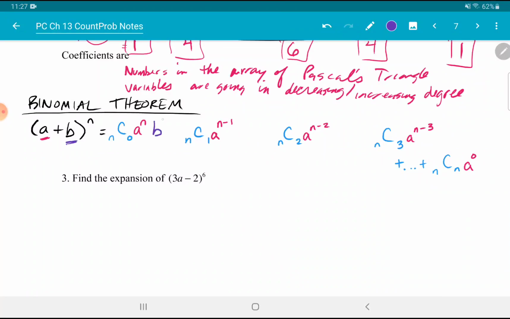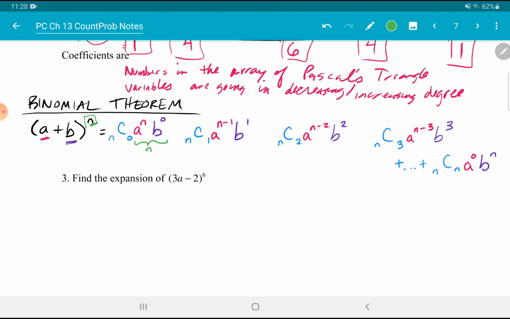It starts off to the 0 power, then b to the first, b to the second, b to the third, on and on until you reach b to the n power. What you will notice is that the degree values of the first term and last term are always going to add up to the value of n. So those degrees always give you the actual degree of your binomial.